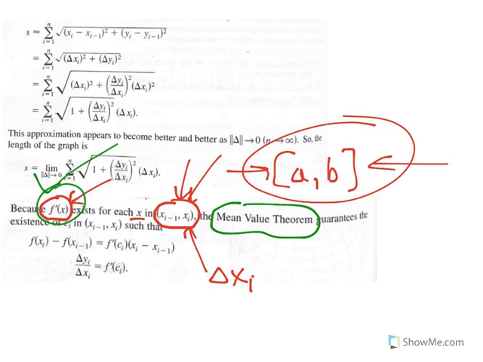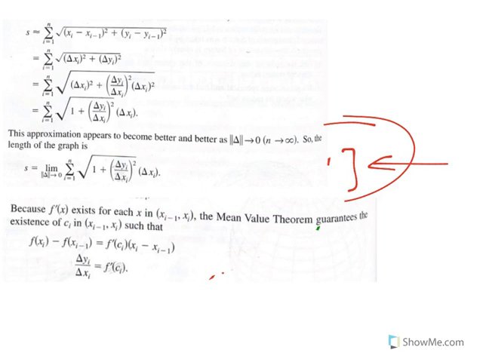So because of differentiability implying continuity, this condition by itself is enough for us to know that the hypotheses of the mean value theorem are satisfied, and therefore we can use the conclusion of the mean value theorem to write the following.